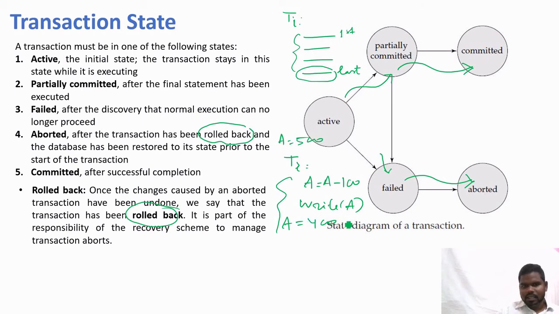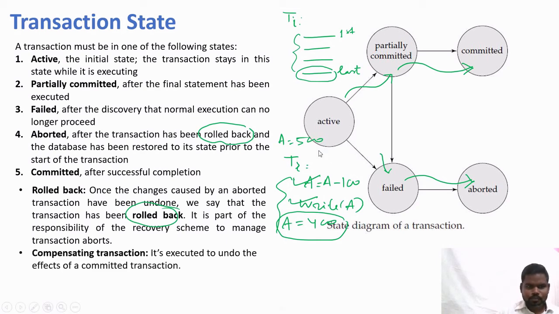Rollback means the initial balance of A, 500, will be written back, not the 400. So all the operations that were done will be undone, so that the initial value of A, that is 500, will be written back. That is the meaning of rollback.